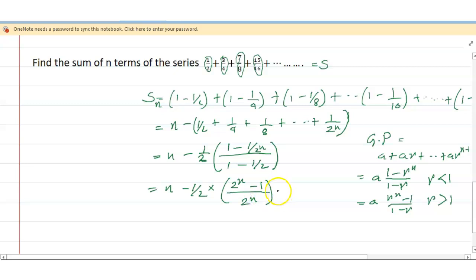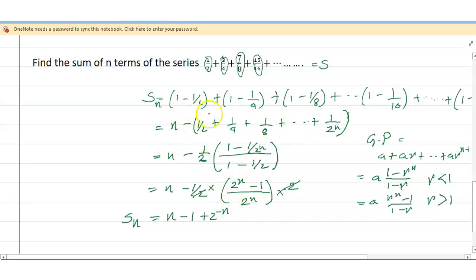This 2 and this 2 will cancel. So Sn, the sum of the nth term, is n minus 1 plus 2 to the power minus n.